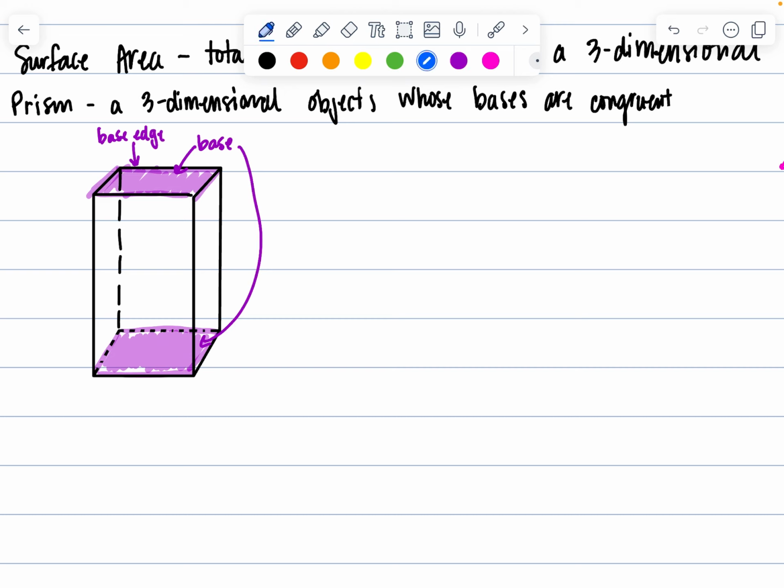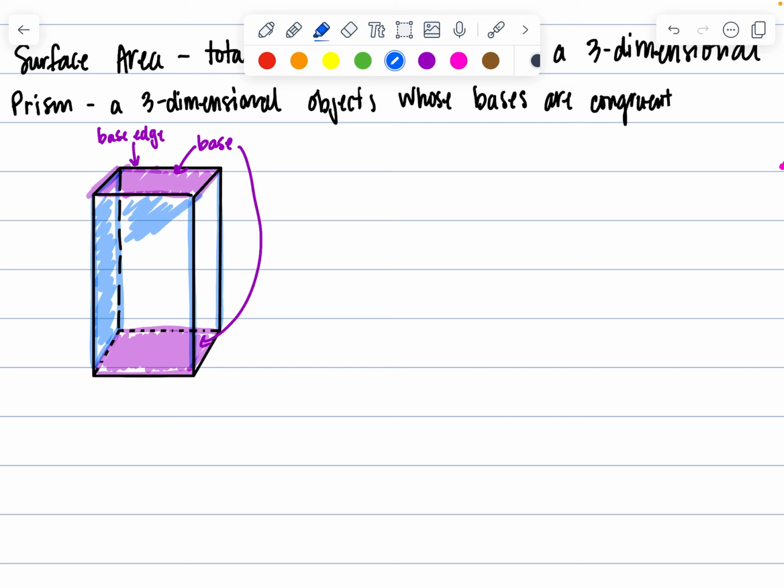Now, lateral, it's kind of like in football. When you do a lateral in football, you're either tossing the ball to a teammate that is sideways or that is behind you. In this particular case, we are talking about something that is sideways, and we're going to look at the sides of the prism. So these are your lateral sides, which means all of this is your far left side that you can't really see.